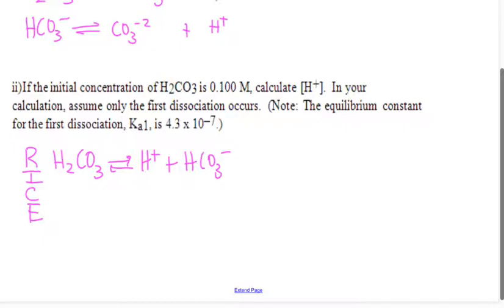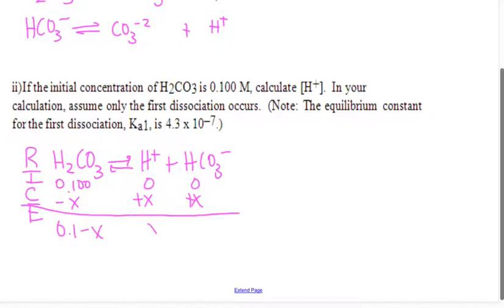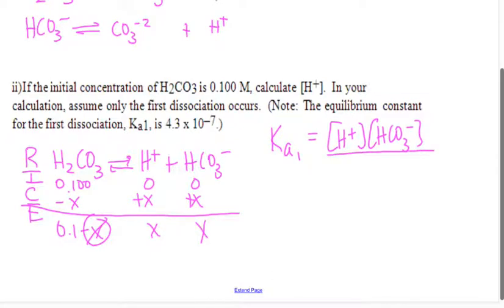So we have our dissociation. Our initial concentration is 0.100, 0, 0, change is minus X plus X plus X. So we get 0.1 minus X, X, and X. We can ignore the X in the denominator. So our Ka, and this time since it's the first step, we're going to call it Ka1, is equal to H plus times HCO3 minus, and if you guys are ahead of me, go ahead and do the calculation, divided by the concentration of H2CO3.